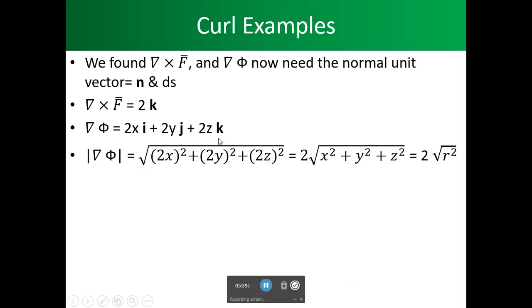And so to find the normal unit vector for this specific function of our gradient, we have to divide by its absolute value. So that's just the square root of the squares of the 2's. Then we pull out the 2 and we just have our x.